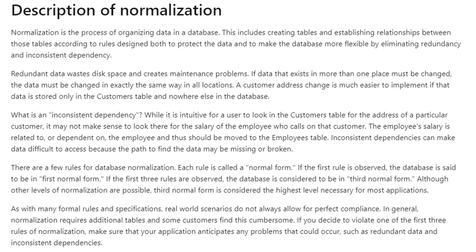If the first three rules are observed, the database is considered to be in third normal form. Although other levels of normalization are possible, third normal form is considered the highest level necessary for most applications.